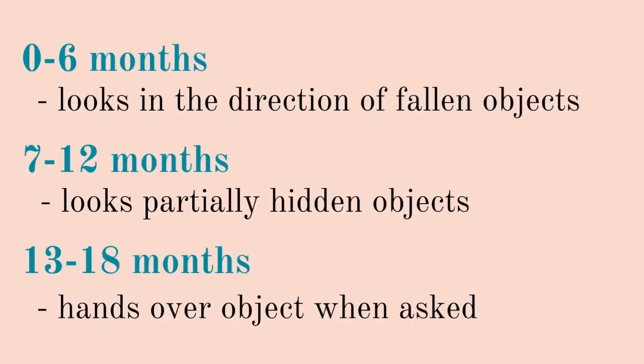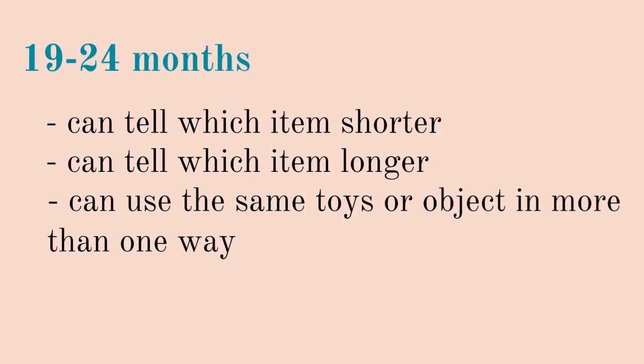From 0 to 6 months, they look in the direction of fallen objects. 7 to 12 months, looks for partially hidden objects. 13 to 18 months, hands over objects when asked. 19 to 24 months, can tell which item is shorter and which item is longer. Can use the same toys or objects in more than one way.